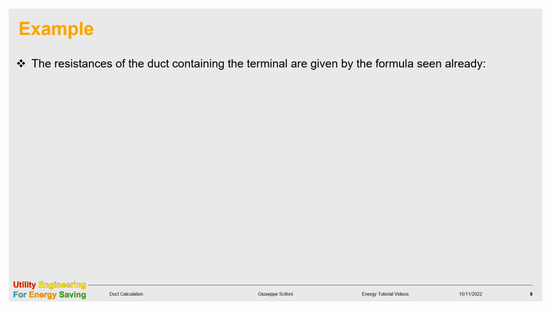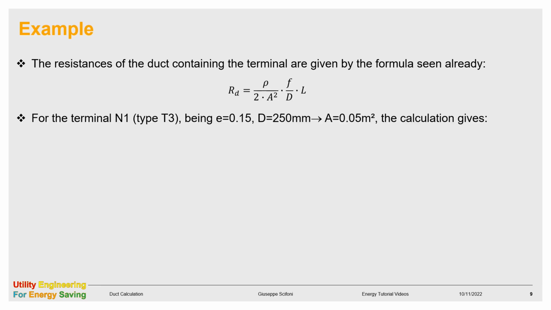Moreover, we know the flow of the fan, 8,500 cubic meter per hour. The resistance of the duct containing the terminal is given by the formula seen already. For the terminal N1, the roughness E is 0.15. This roughness we keep constant for the complete network.